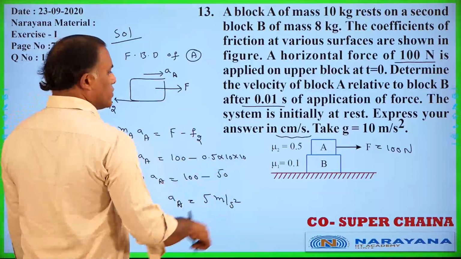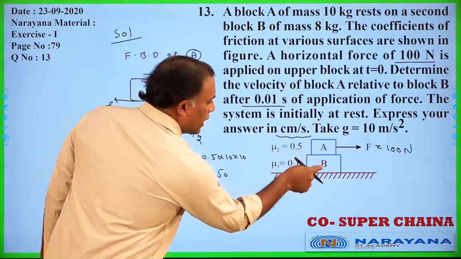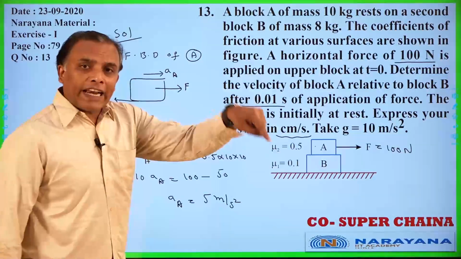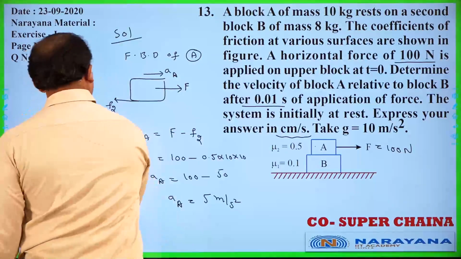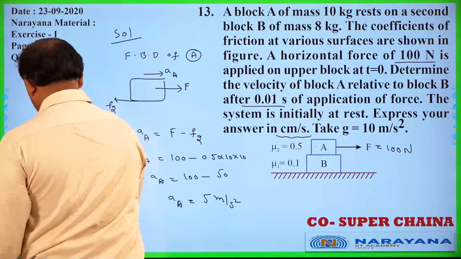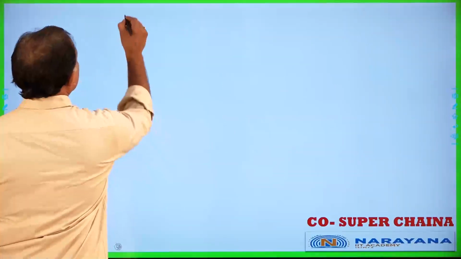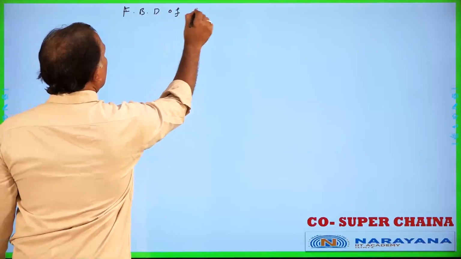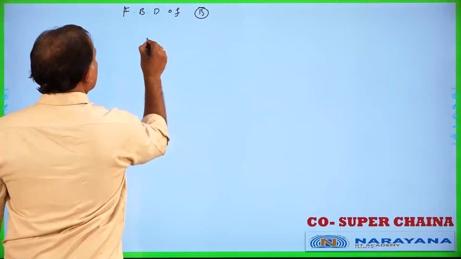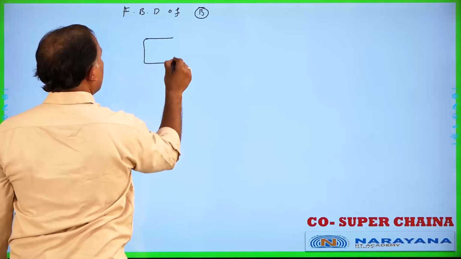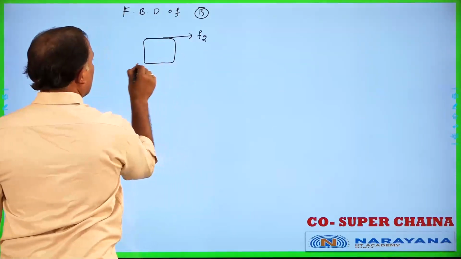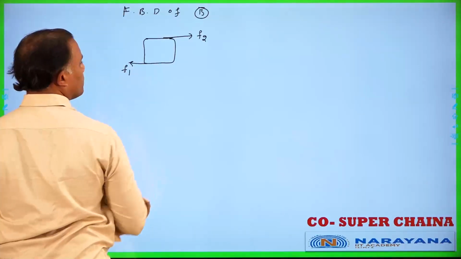And here you can see the friction between A and B is the opposition for A and is the driving force for B. F2 is the driving force. Now I want the FBD of B. So now you can see that one, B. Here F2 is the driving force, F1 is the opposition.